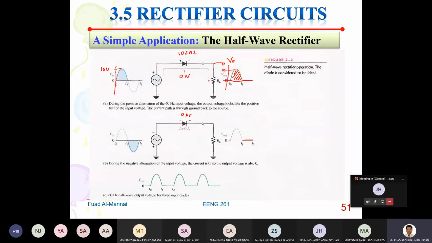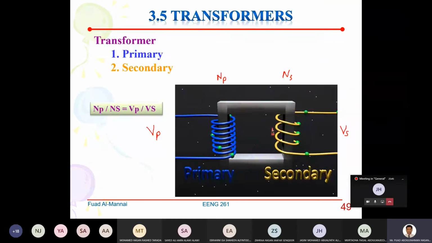So how does it work? Well, the input here we connect to the VS of the transformer. This is VS here.